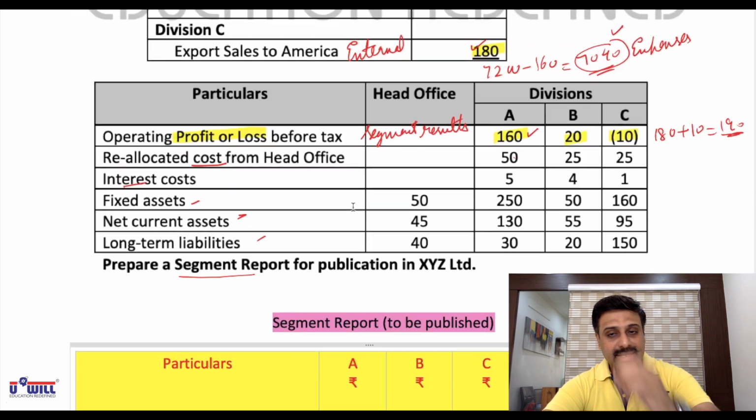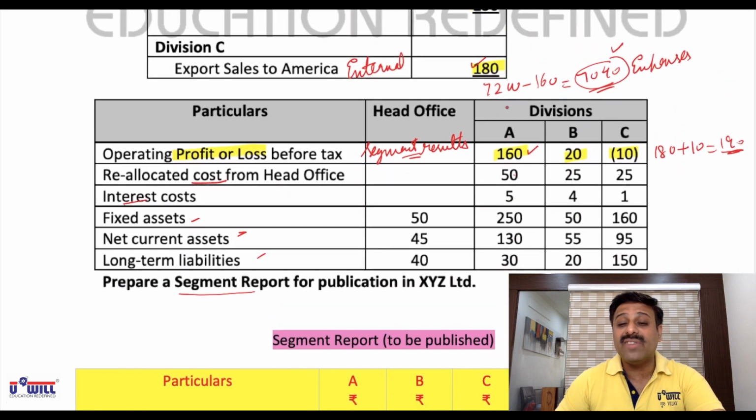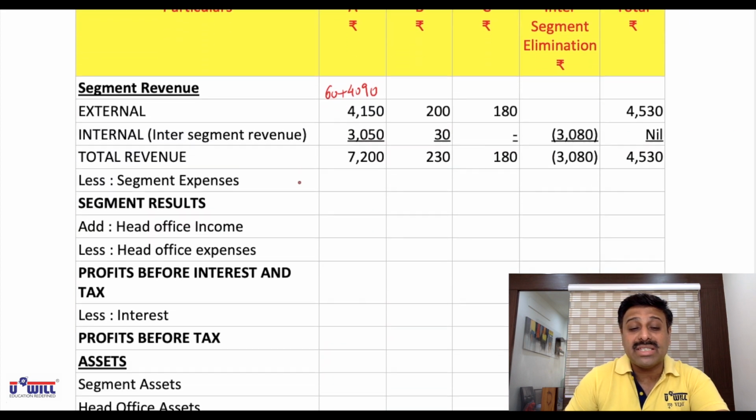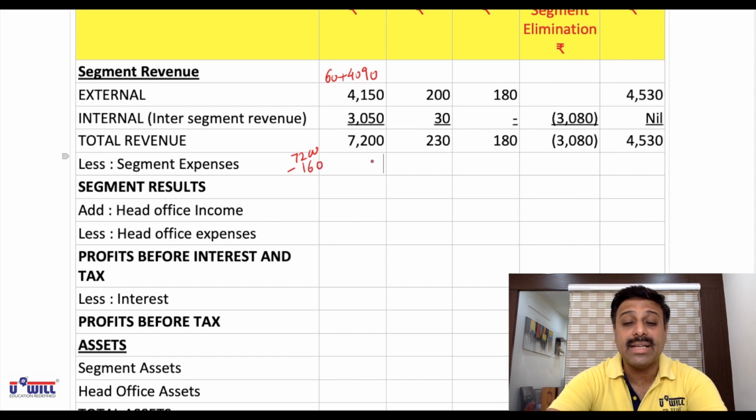Now segment expenses. As I discussed with you, segment expenses are not given but results are given. So the difference amount would be expenses. So as I discussed, 7200 minus 160 would be 7040. For division A, the segment expenses will be written in bracket. We have to subtract them, 7040.